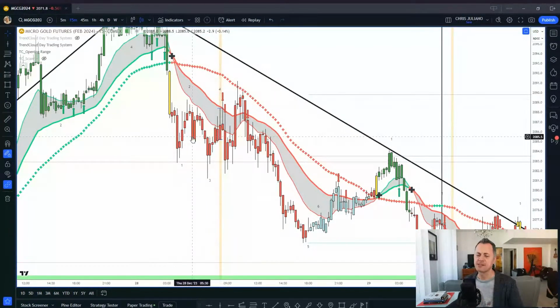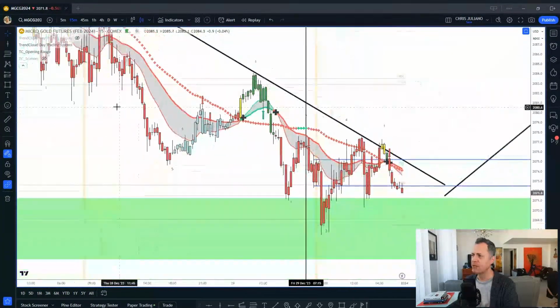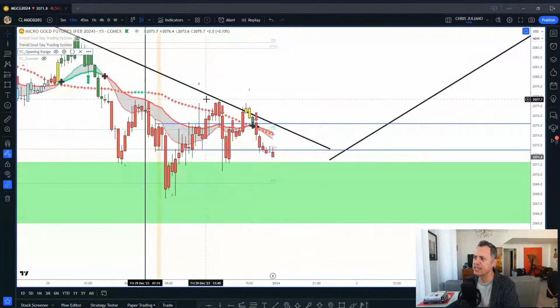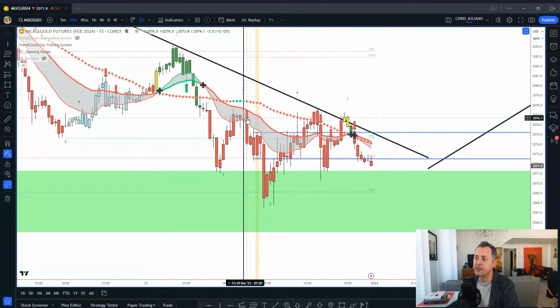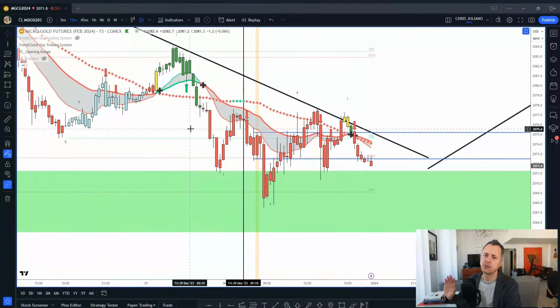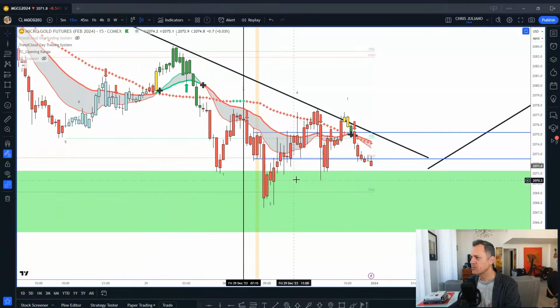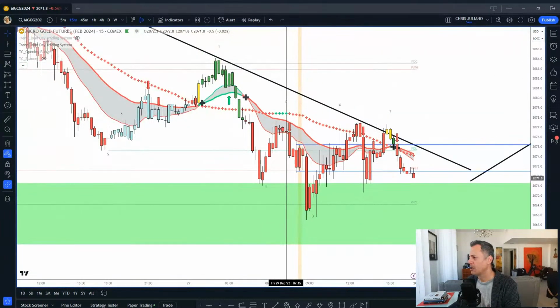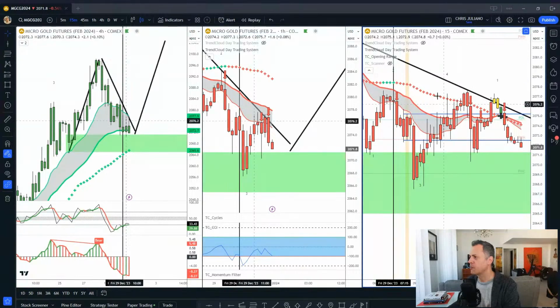So you want to look for asymmetrical leverage. Right here, if we take this signal, we're really only taking it from here to here because you don't want to short into support, just like you don't want to go long into any type of major levels of resistance. So this would have been a really short trade.